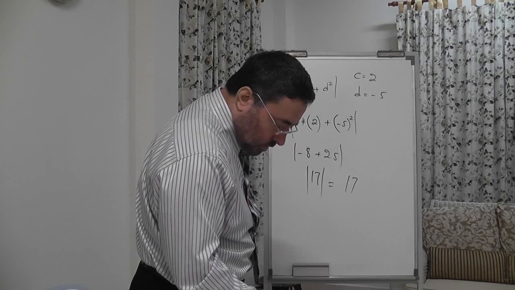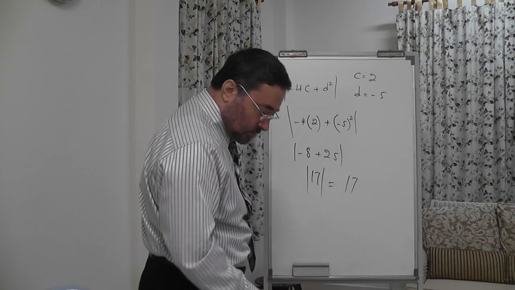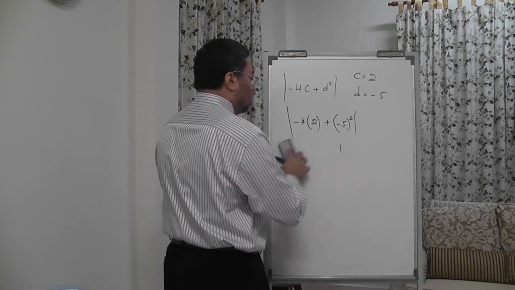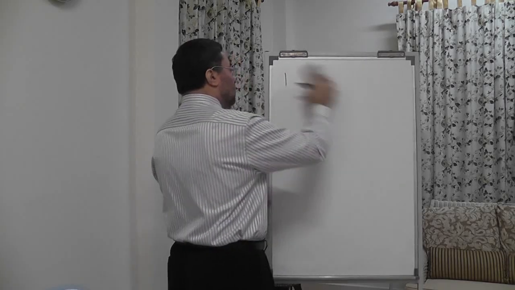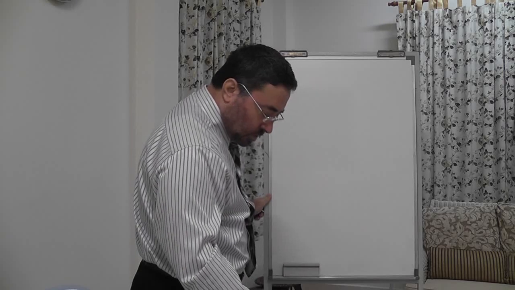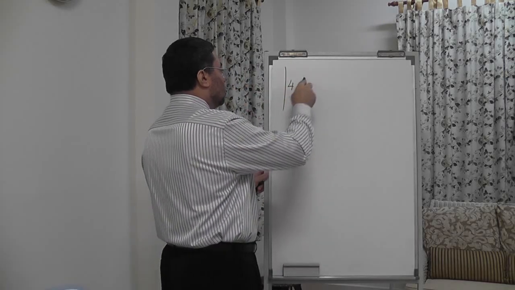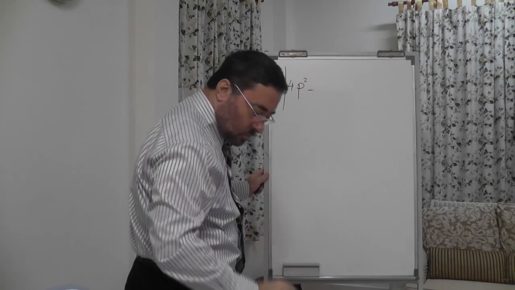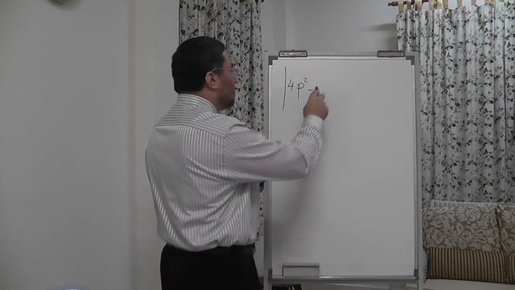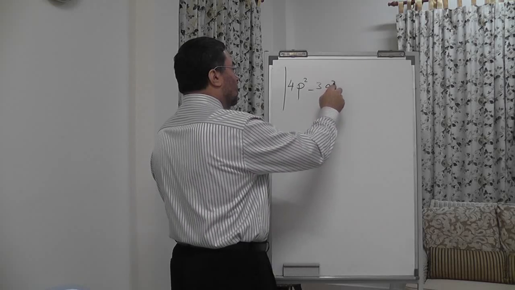Number 36, absolute for 4p squared minus 3q cubed.